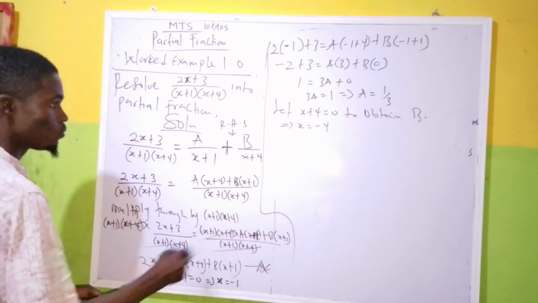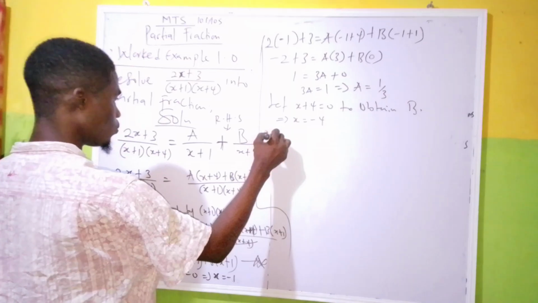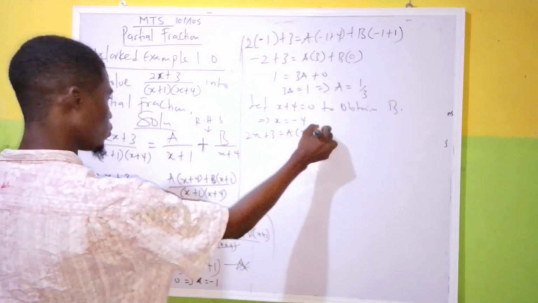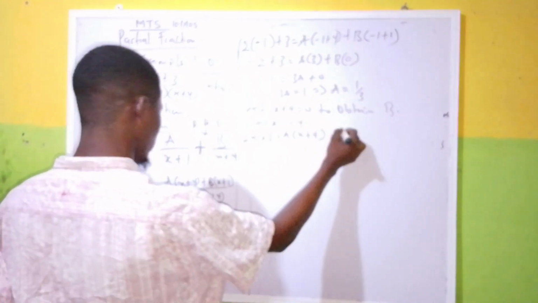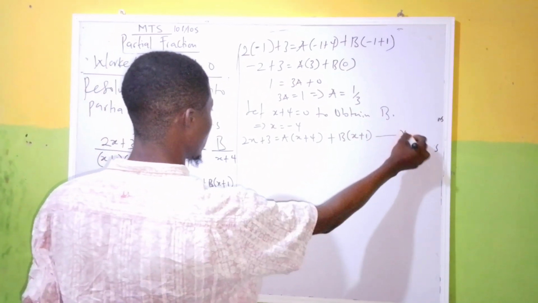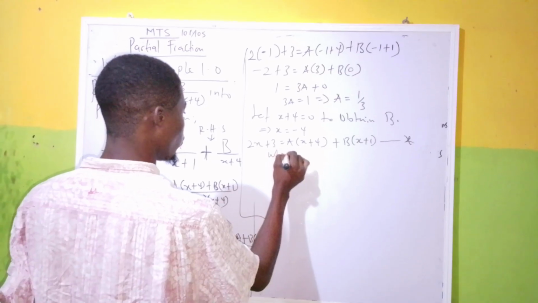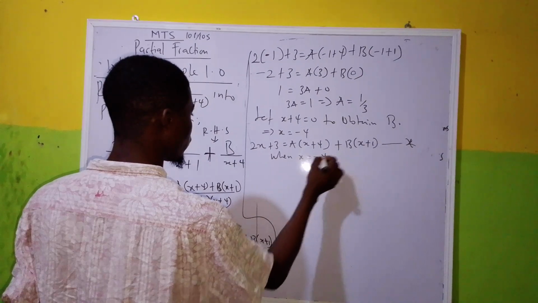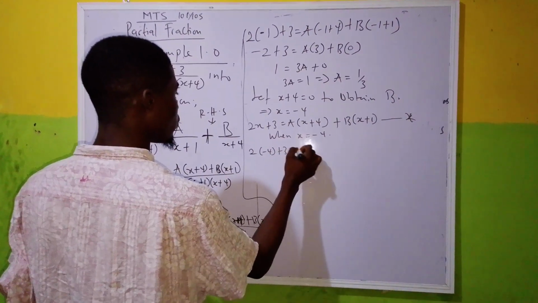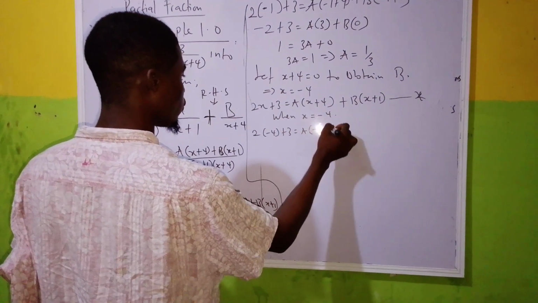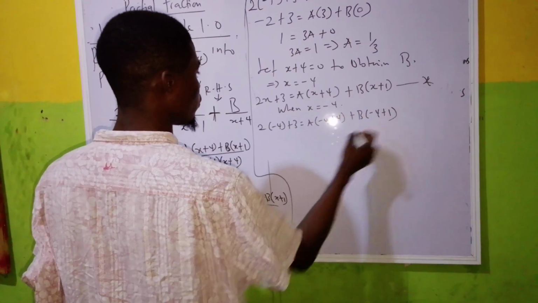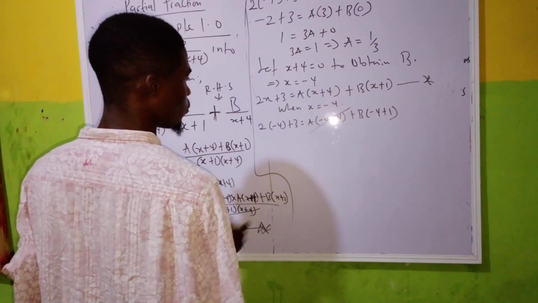Anywhere you see x here, you put minus 4. That is 2x plus 3 equals to a into x plus 4 plus b into x plus 1, equation star, right? When x equals to minus 4, we have 2 into minus 4 plus 3 equals to a into minus 4 plus 4 plus b into minus 4 plus 1. So this one is gone.